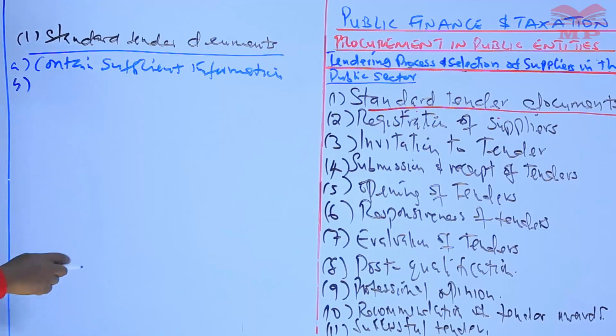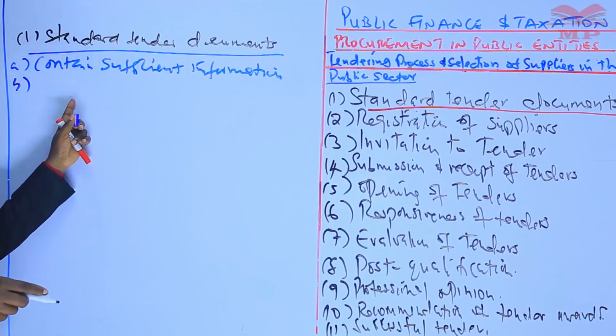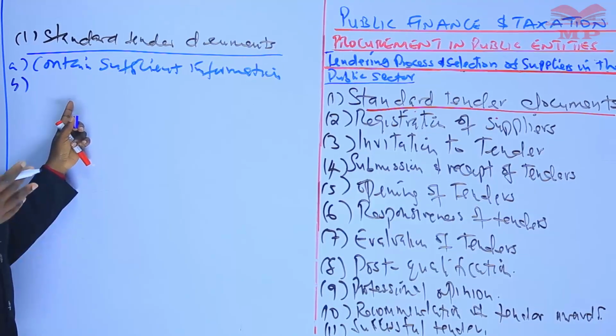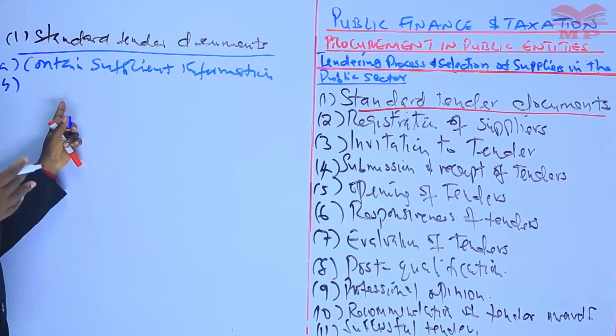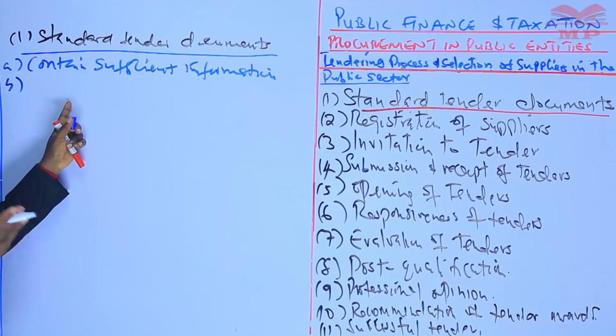Another point to note under standard tender documents is that an accounting officer of a procuring entity is the one who is responsible for preparation of tender documents in consultation with the user and other relevant departments.